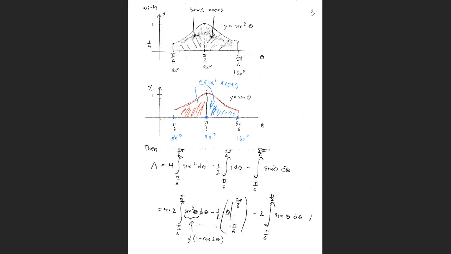So this means then we can break up the integral. Instead of the limits going from pi over 6 to 5 pi over 6, from 30 degrees to 150 degrees, let me have the limits go from pi over 6 to pi over 2, and then double the value of the integral.